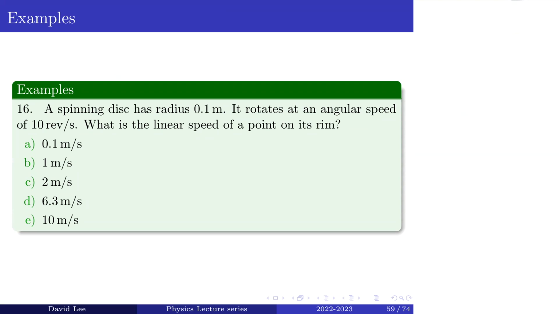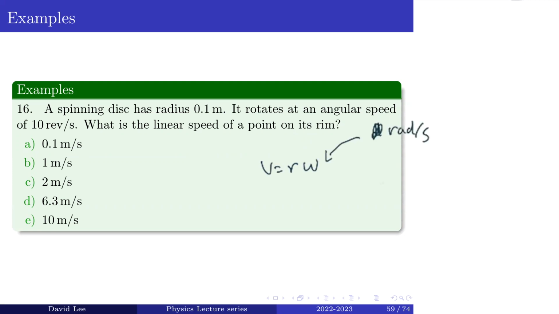Okay, it has been almost a minute, so let's just end the poll. So this is a bit interesting. One person answered B, 2 people answered D. So the correct answer is actually D. And the reason why is, remember, v is equal to r omega, but this omega has to be in radians per second.